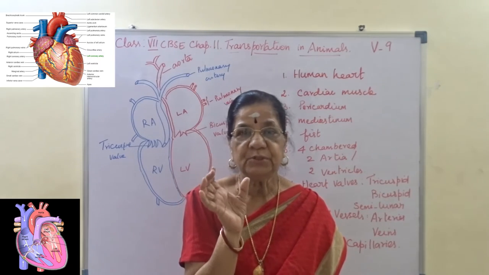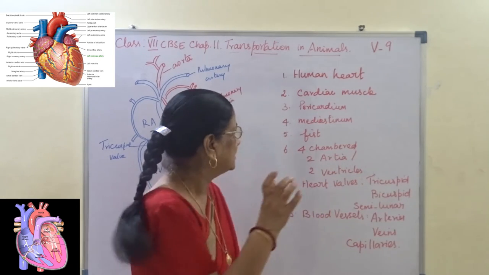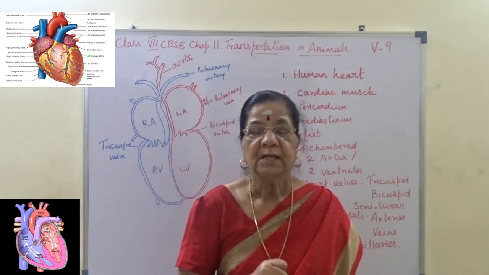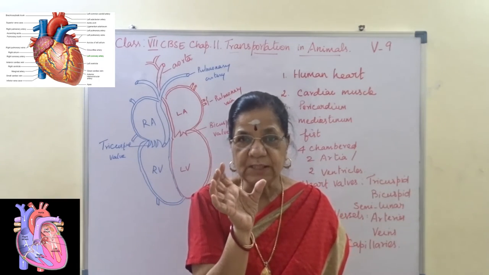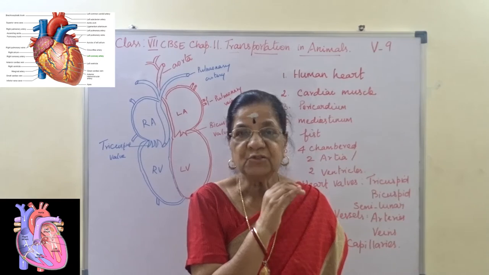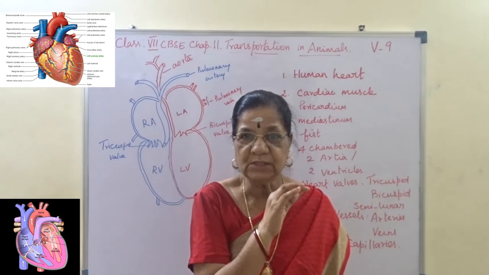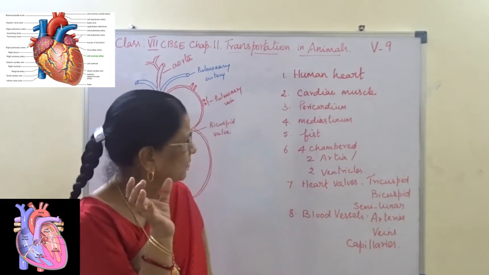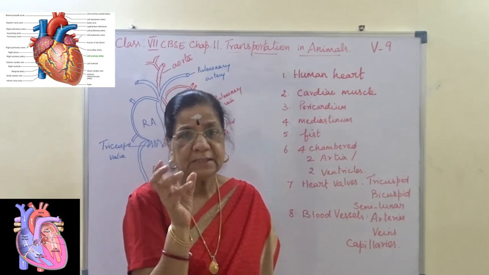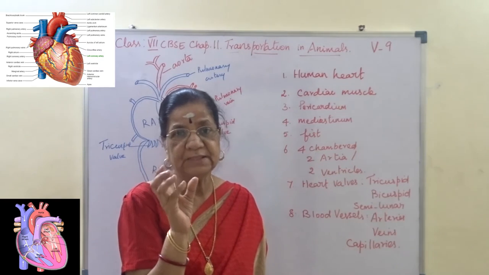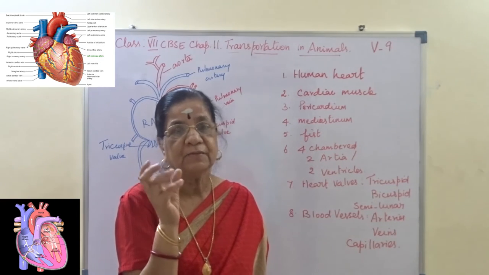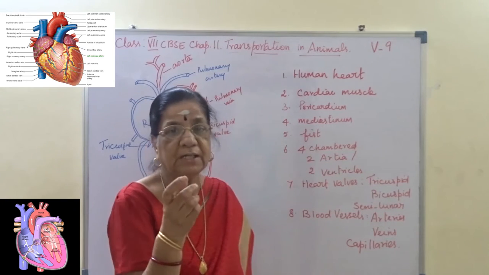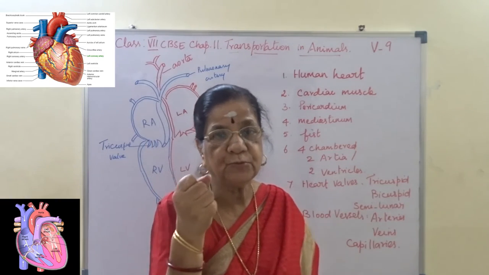The space between the two lungs is called mediastinum. We have learned the respiratory system in previous video classes. In between the two lungs, the space is called mediastinum, where the heart is located. And the size of the heart is one's own fist.